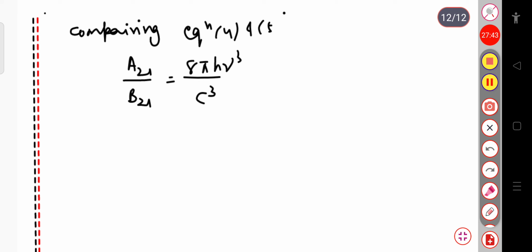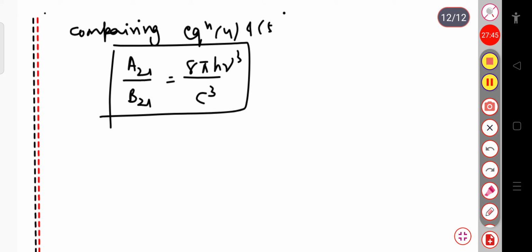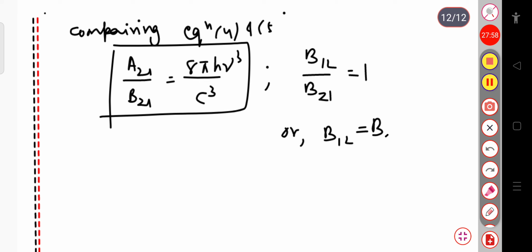Another one is your B12 divided by B21, that is equal to 1, or simply we can write B12 equal to B21. What is this B12?